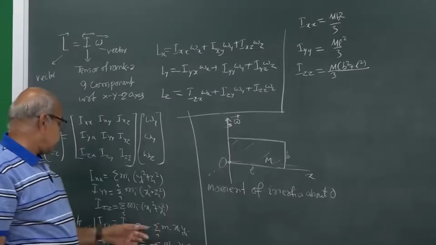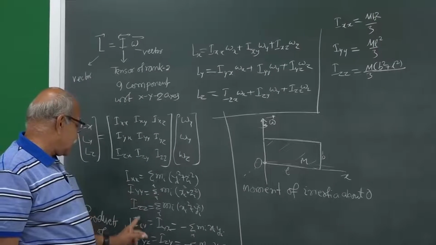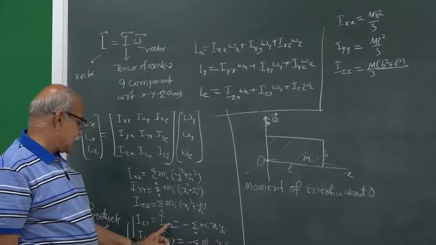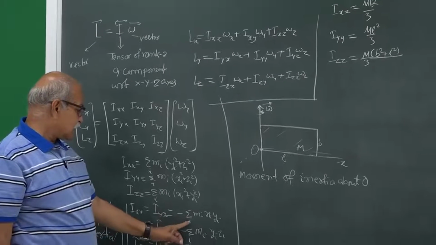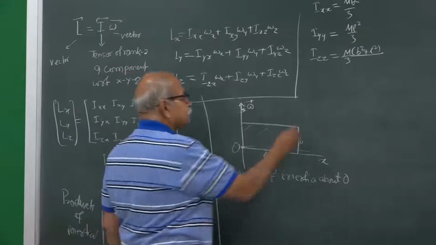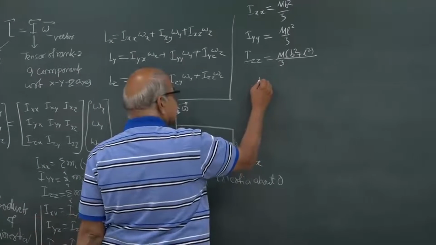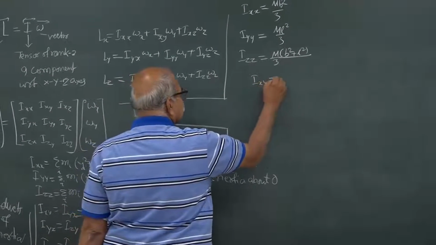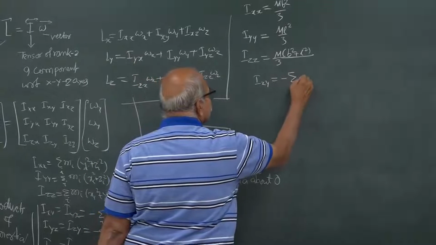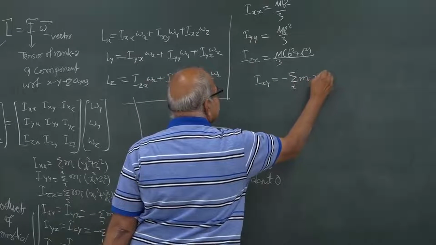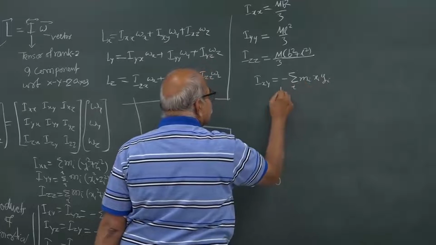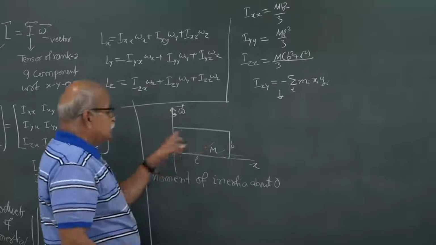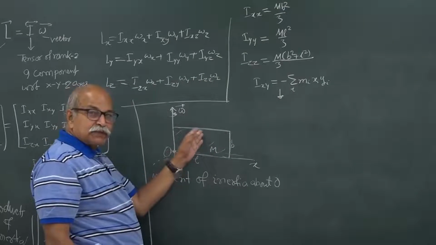Now, come the other factors, Ixy. What is Ixy? Here Ixy is equal to Iyx, and we define Ixy as minus summation over i of m_i x_i y_i, and for continuous bodies you do not have separate particles.